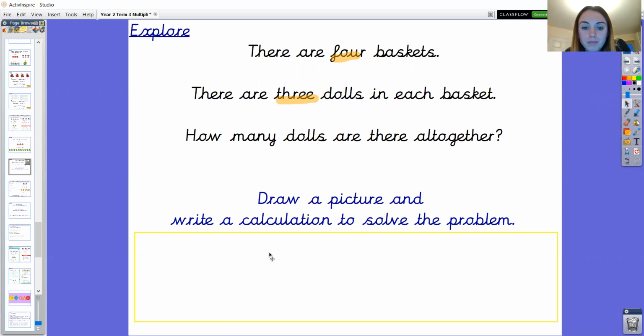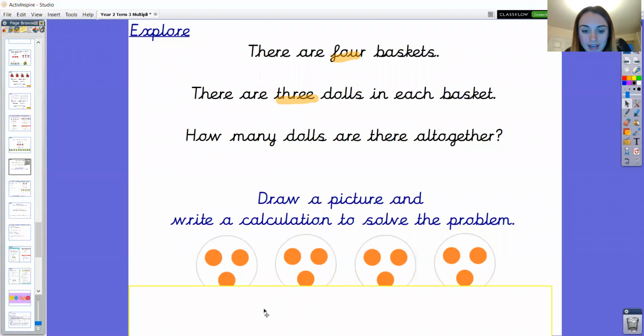Okay, so here are my equal groups. So I have 1, 2, 3, 4 equal groups to represent the 4 baskets. And I have 3 dots inside each equal group to represent the 3 dolls in each basket.